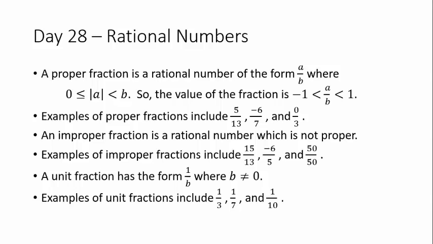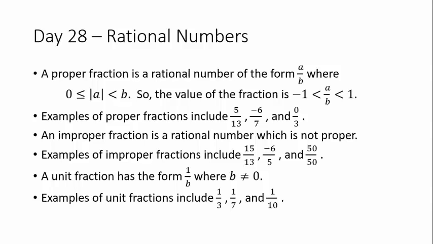As we finish this lesson, I want to make sure that you have some vocabulary that you understand. A proper fraction is a rational number of the form a over b, where the absolute value of a is greater than or equal to 0 and less than b. In other words, the value of the fraction is between -1 and +1.